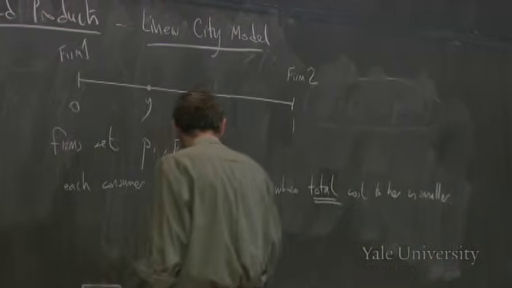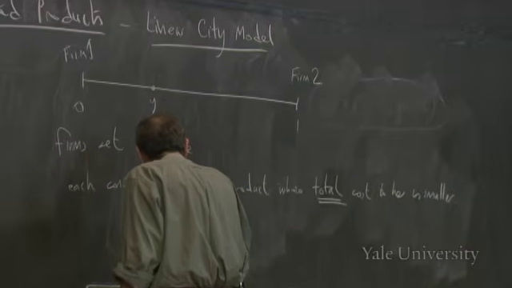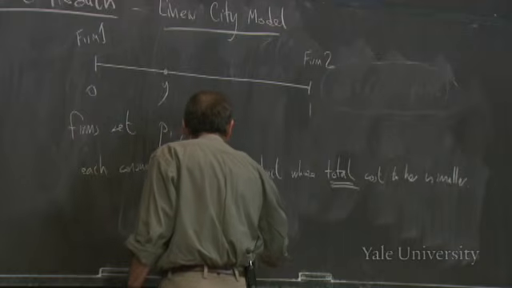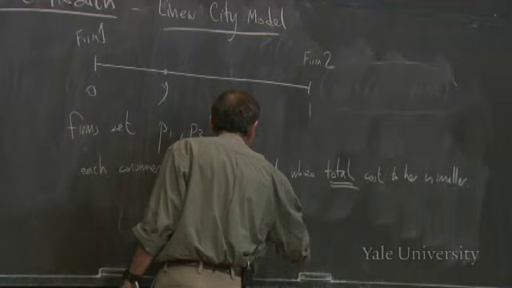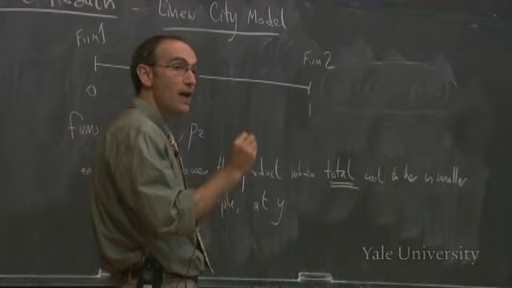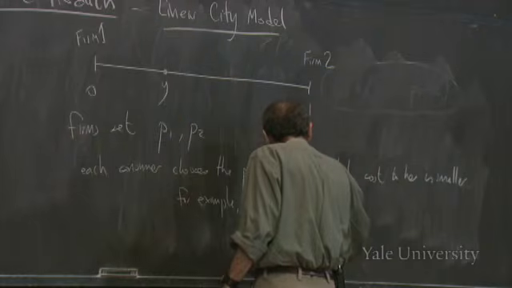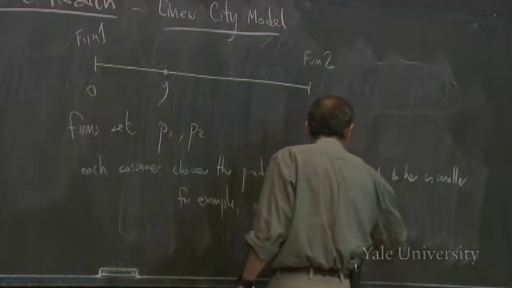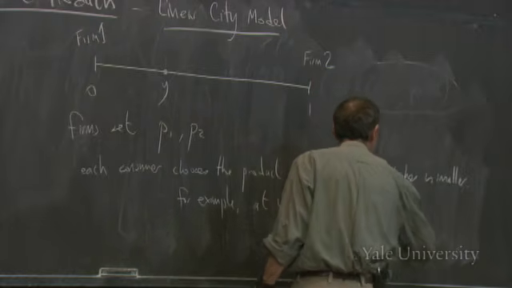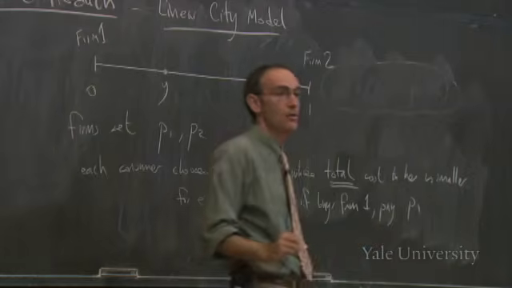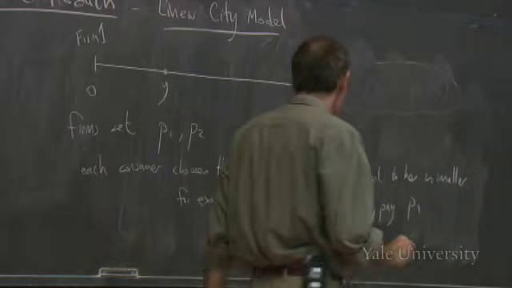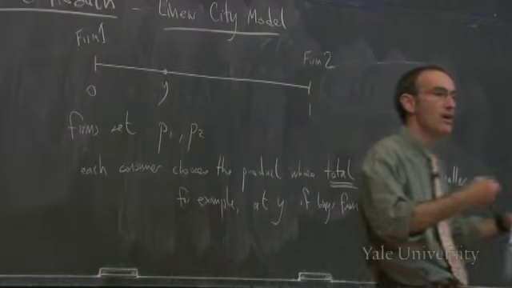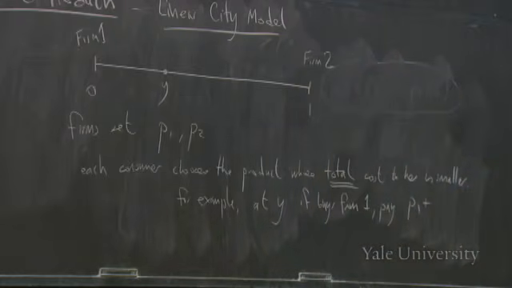And what do we mean by total cost? Let's look at the consumer at point y. If they buy from firm 1, they pay the price P1, which is set by firm 1, but they also have to pay a transport cost, the cost to them of having to walk all the way there and walk all the way back.